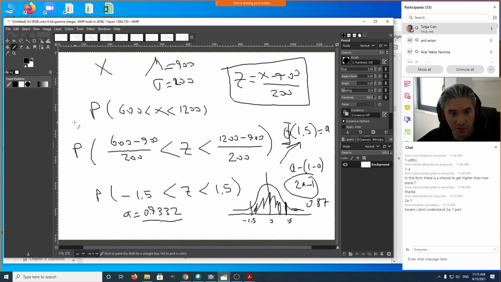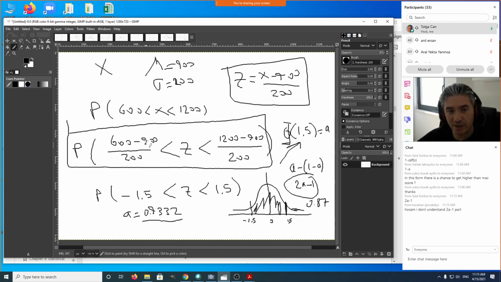So you understood, hopefully, the standardized part, in which we try to find the probability that x is between 600 and 1200 with the mean and standard deviation that were given in the question. When we standardize our variable, we subtract the mean and divide by the standard deviation.